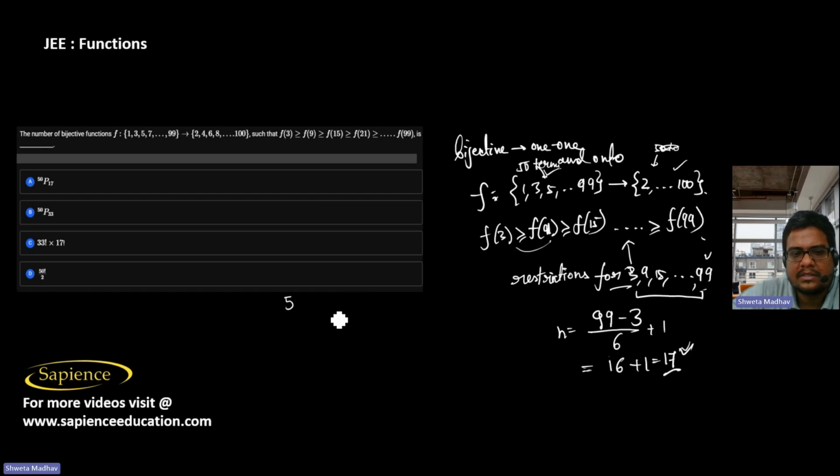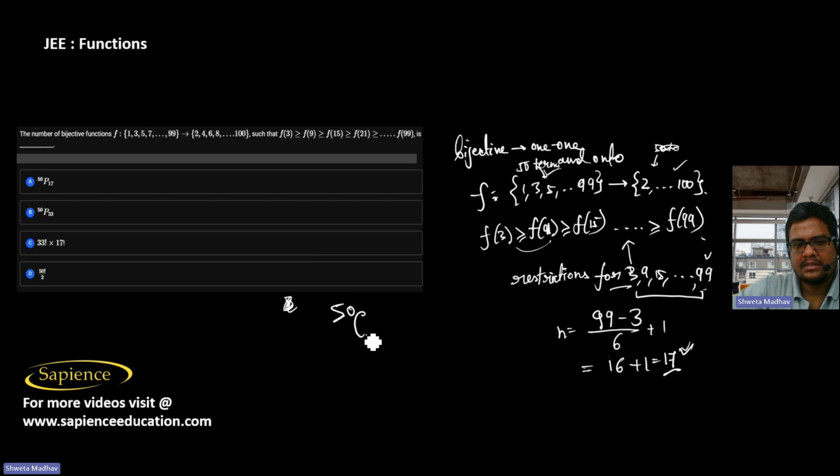So except these 17, there are 33 elements. So it means that the remaining 33 elements will map with any 33 elements here.